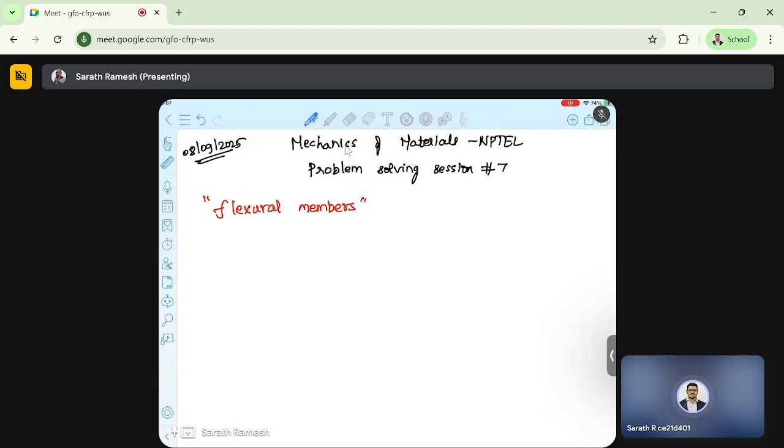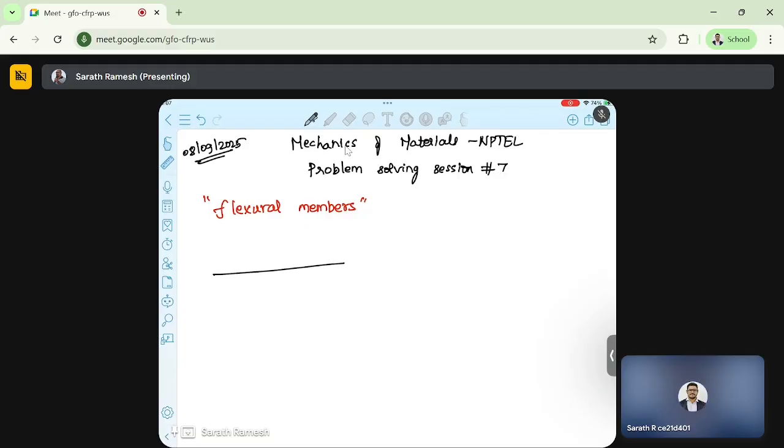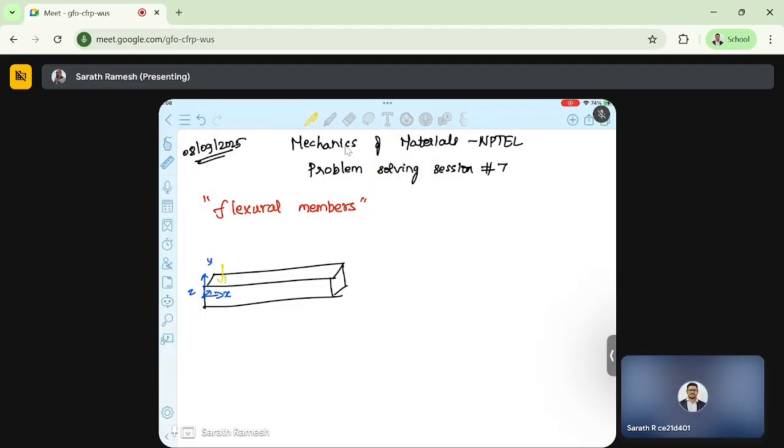Flexural members are members which are subjected to transverse loading, which makes them bend. Suppose we have a beam like this, with x, y and z coordinates, and an in-plane loading.